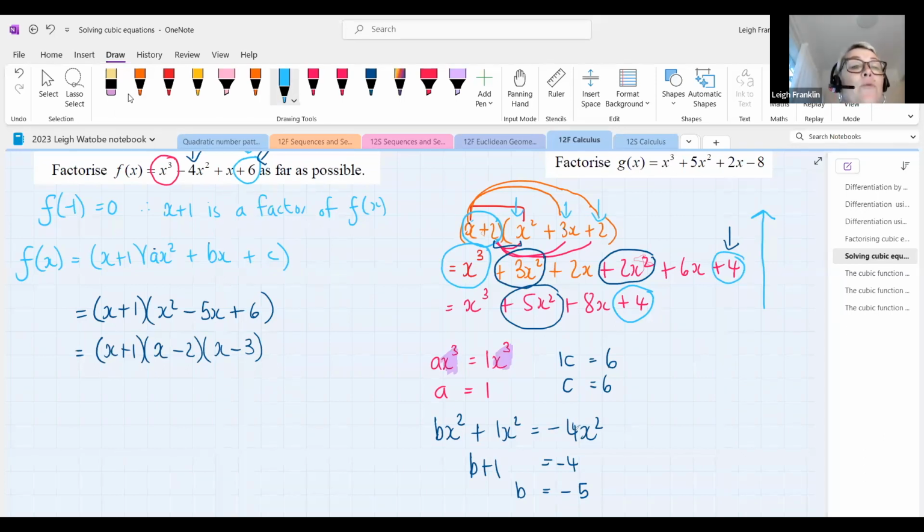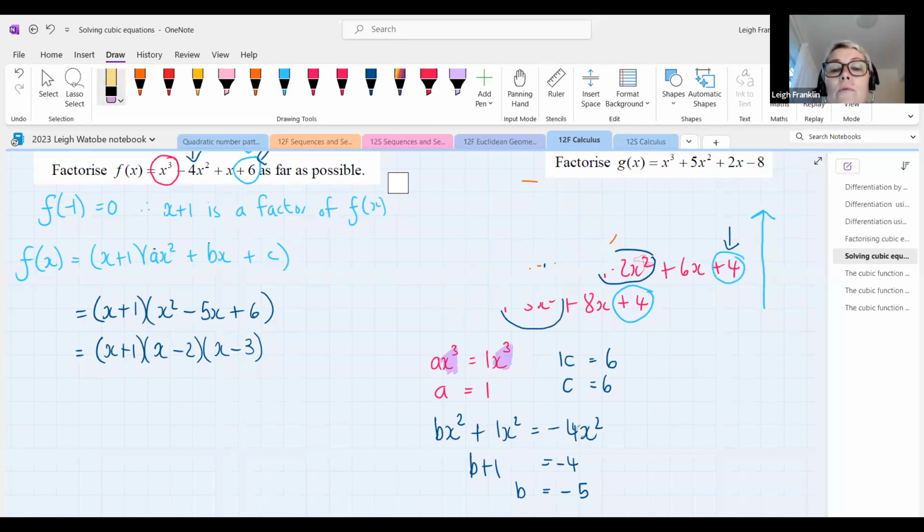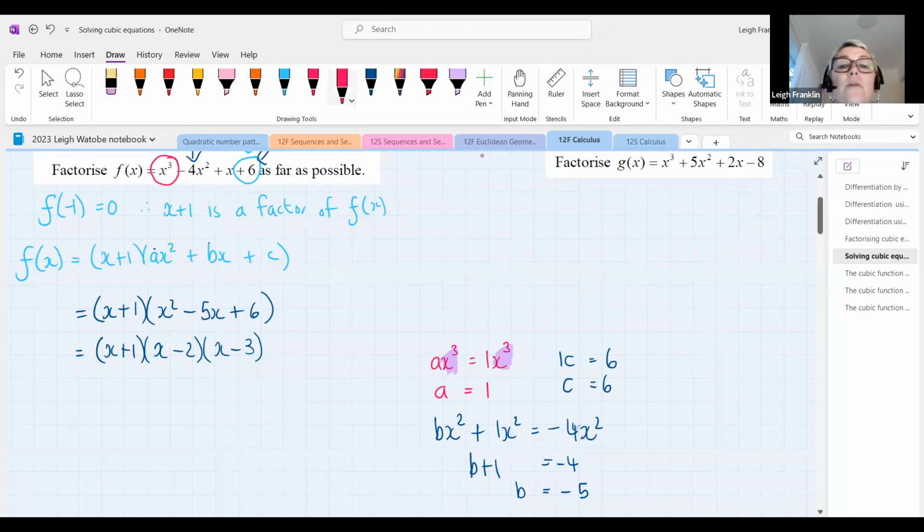If we go back, let me try and show you again with this example over here. I'll rub that off, and let's just put another one down. Okay, so we've got x plus 1, and then let's say here we've got x squared plus 3x plus 2.